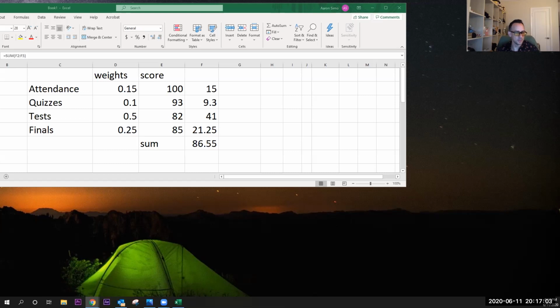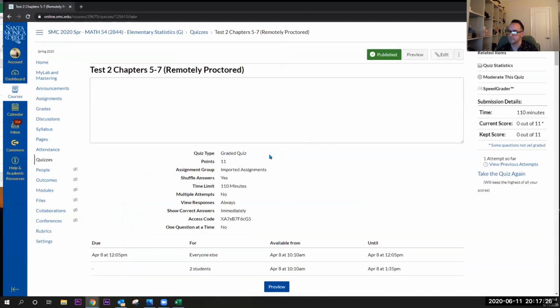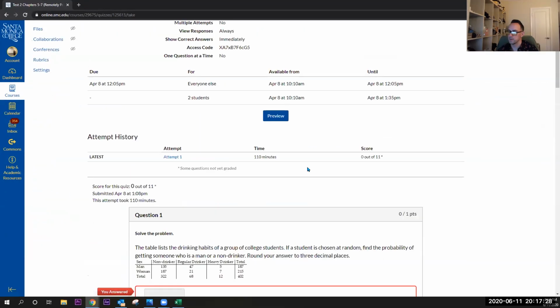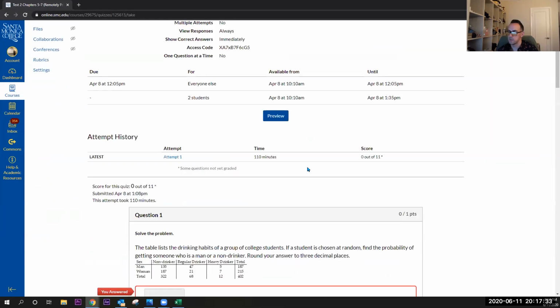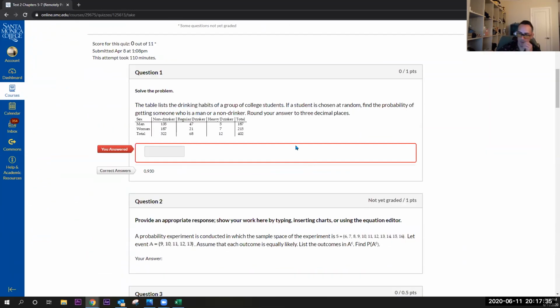Test 2. So many different test 2s. How do we view this? Preview, maybe? So preview. So this is test 2.